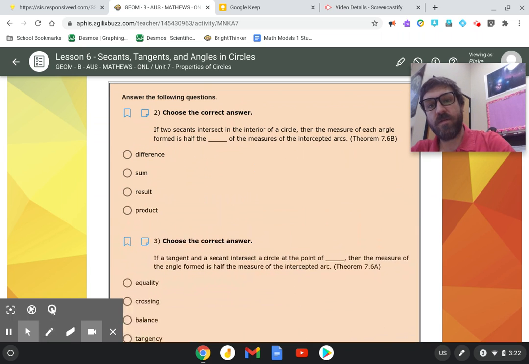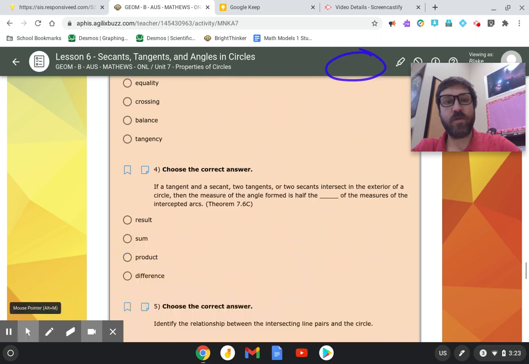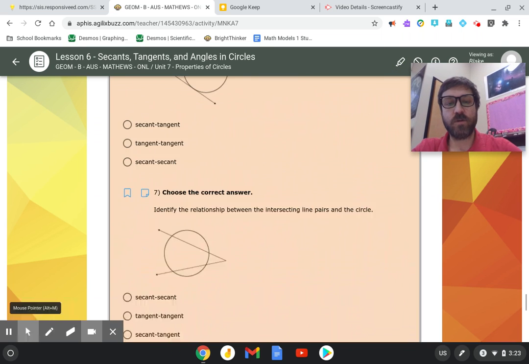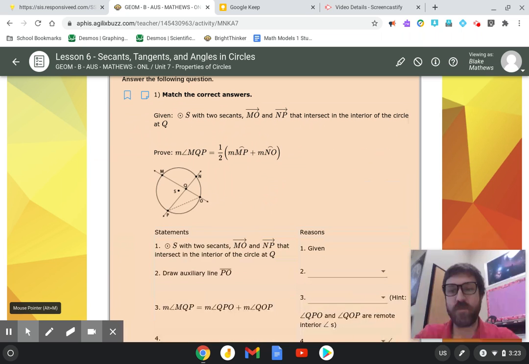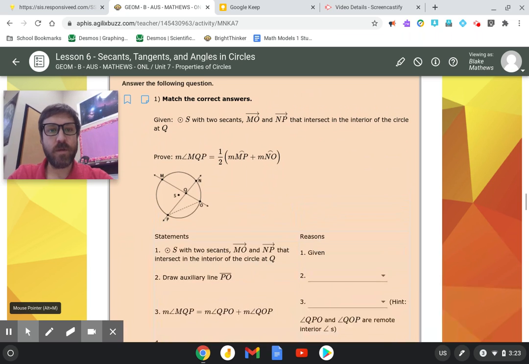Just note the theorems here. You need to use those theorems to answer the questions. That's pretty much what you're doing in numbers 2, 3, and 4. Then you have those diagrams through number 7, and then there's a proof. But first we need to do this proof in number 1.